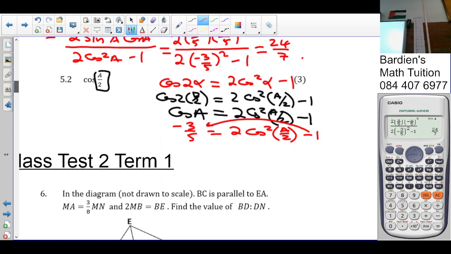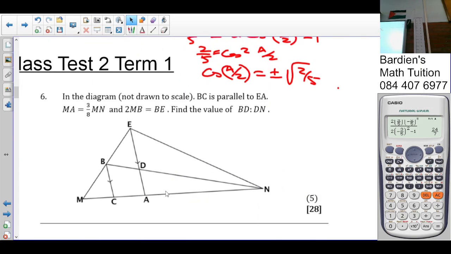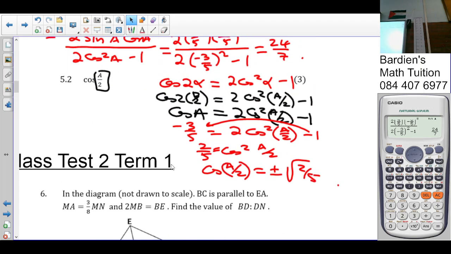It becomes negative 3 over 5 plus 1 is 2 over 5, which is cos squared A over 2. To get rid of the square, square root both sides. So cos A over 2 equals plus minus the root of 2. Okay, and the last one. So, yes? Okay, right?